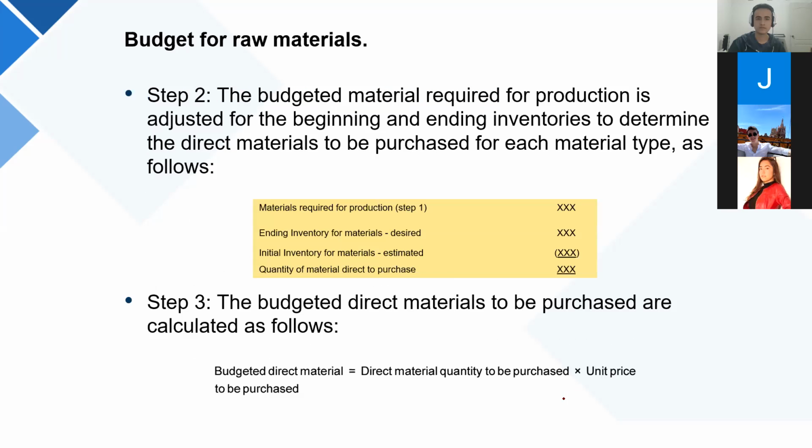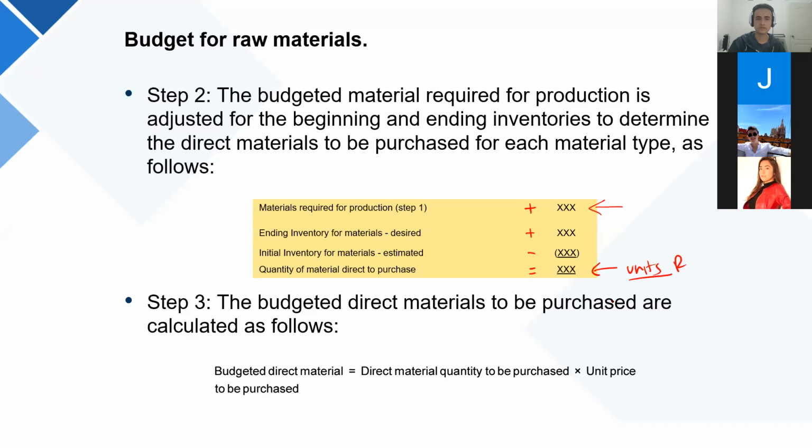Next step is, once you have the required materials for production, now you apply the same formula we did with the other inventory. So it's the material for production plus the ending inventory of raw materials, that is the inventory you are designed to have, minus the beginning inventory that you have, and that's going to give you the quantity of raw materials you need to purchase. So we end up with the units of raw materials we need.